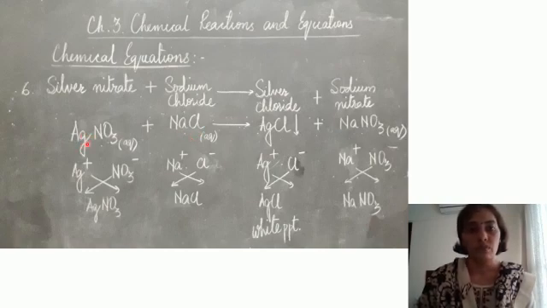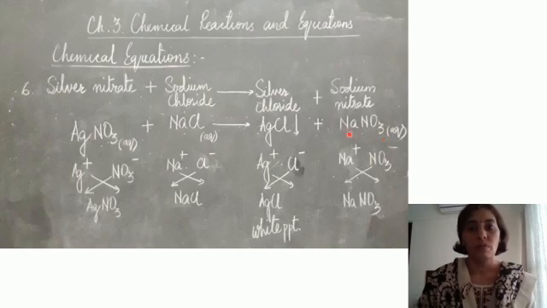Here the positive of the first reactant will combine with the negative of the second reactant. So silver combines with chlorine and gives rise to silver chloride, whereas the positive of the second one here, that is Na, and nitrate of the first here, that is NaNO3, combine and give you the second product.